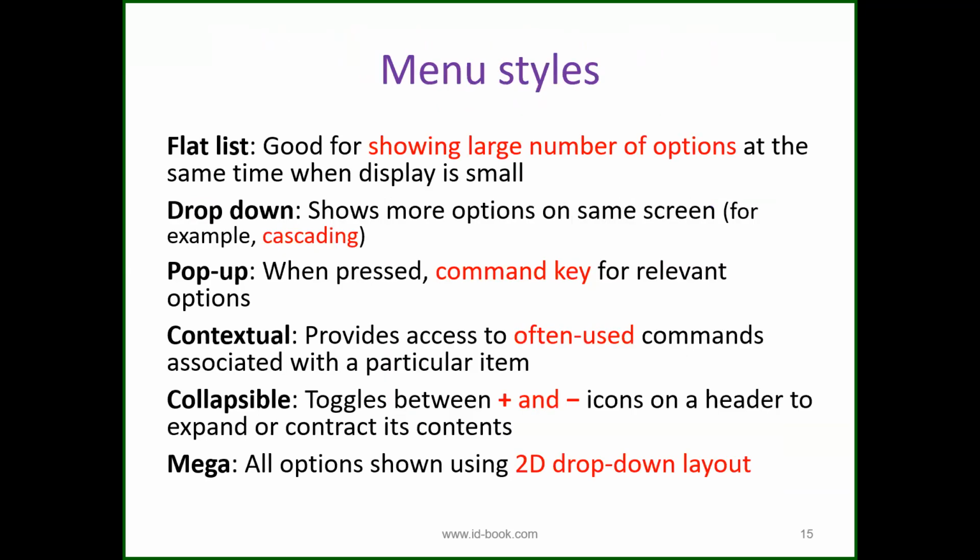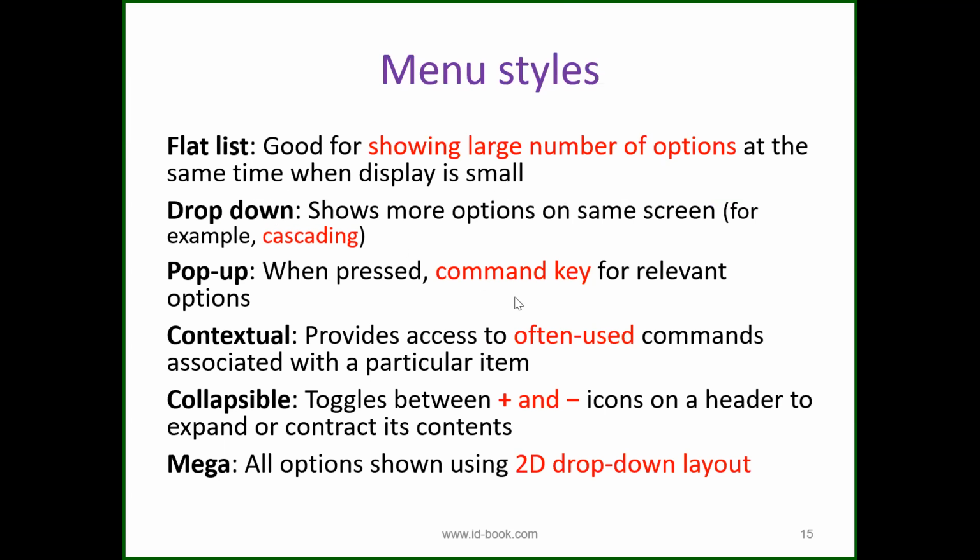Okay. Menu styles. There are different types of menu styles which are given here: flat list, drop down, pop up, contextual menu, collapsible menu and mega menu. When we have to show a large number of options at the same time, and the display is very small, we use a flat list.